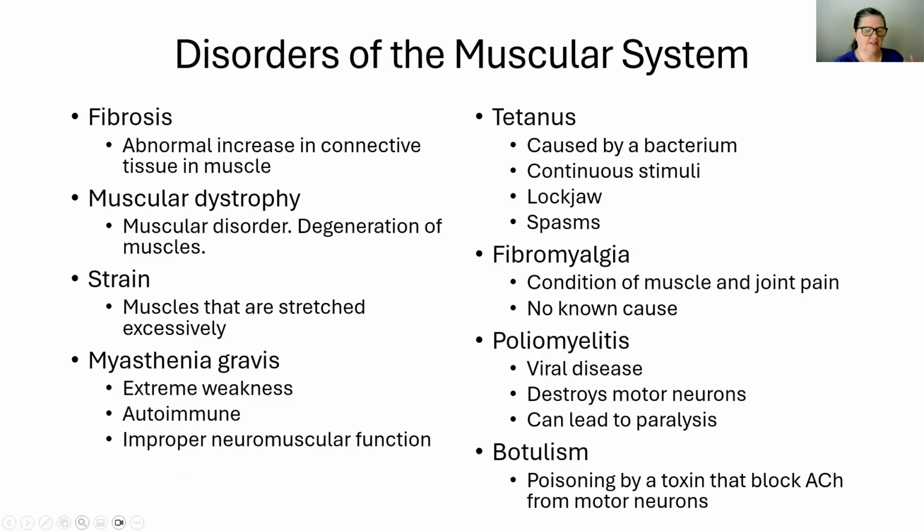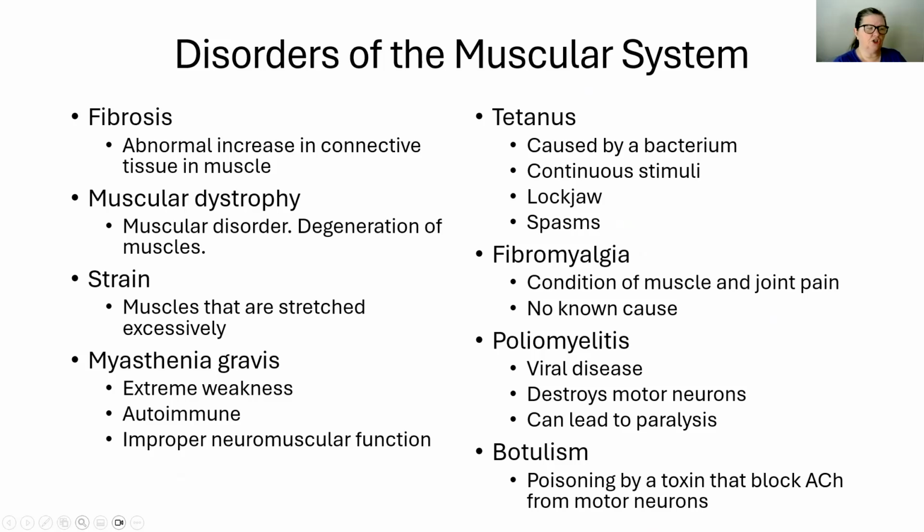And if stimuli is continuous like that, over and over and over, it can cause spasms. It can cause lockjaw where you can't open your mouth because these muscles lock up. So always being, of course, current on your tetanus shots is good, or getting one immediately if you are exposed to any type of bacteria like that.